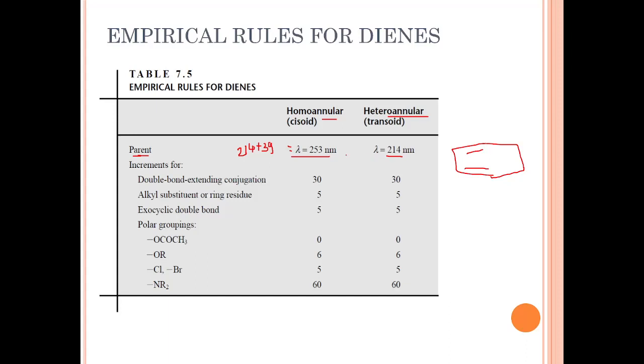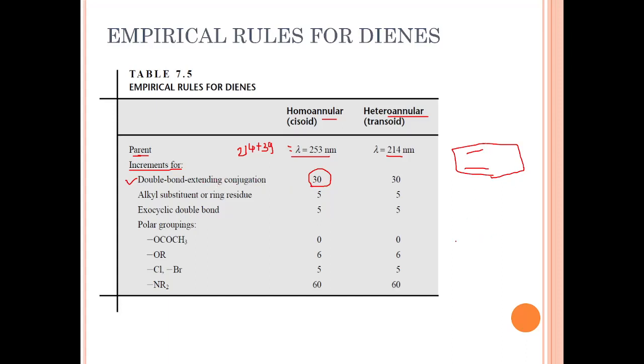Once we fix the basic value, we will see the effect of substituents on the absorption. If we have an extended double bond in the conjugation, then it will affect the absorption drastically, and the absorption will increase by 30 nanometers.